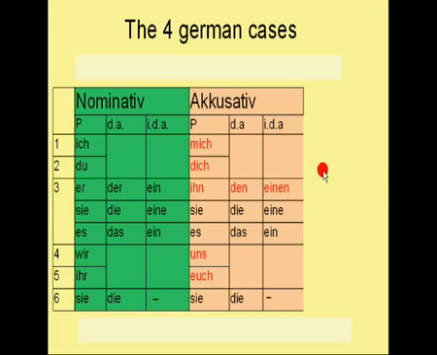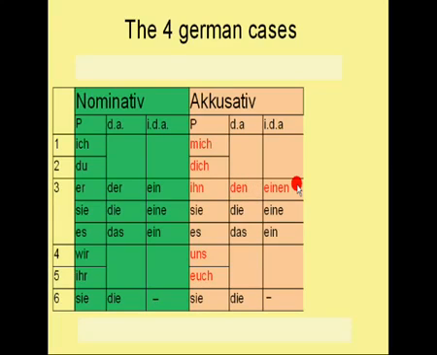Now there are also some differences concerning the definite and indefinite articles. The definite article for male nouns is den instead of der in the nominative case, because if the noun is a direct object, then this noun stands in the accusative case, and therefore it has the definite article den instead of der.